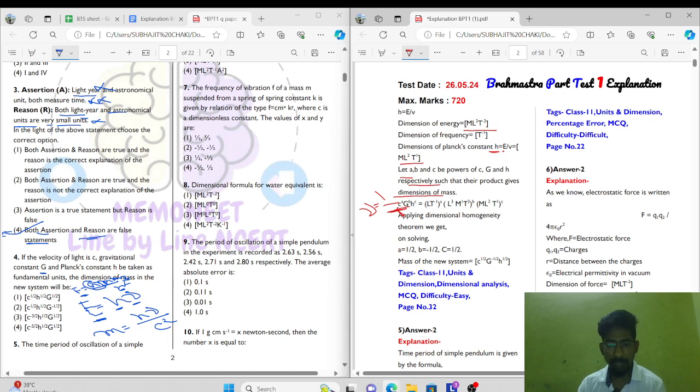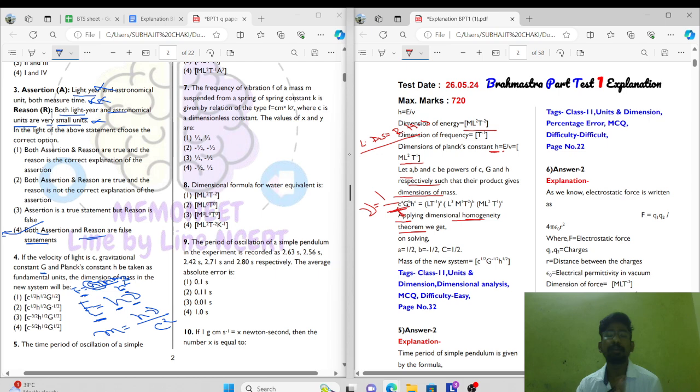There is a theorem called the dimensional homogeneity theorem. I think you know this. What does it say? There are mainly three points. First, the dimension of the left hand side will be equal to the dimension of the right hand side. Second, if two quantities are added or subtracted, their dimensions are also equal.